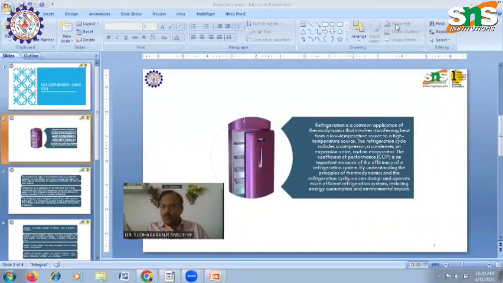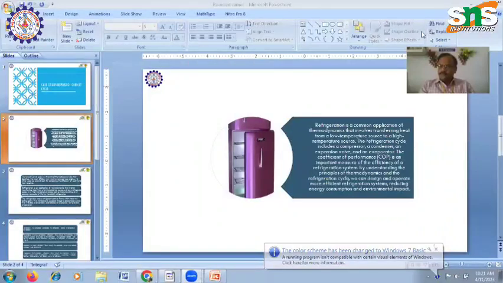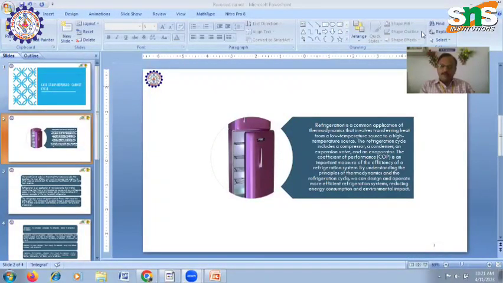So this completes one cycle. So what are the four processes we have seen here? That is a compression process, then a condensation process, then an expansion process, and then a heat absorbing process. All these four processes complete one cycle, and that is a reversed Carnot cycle.